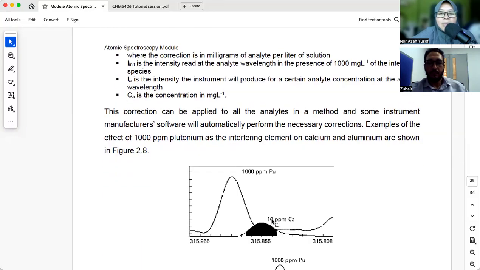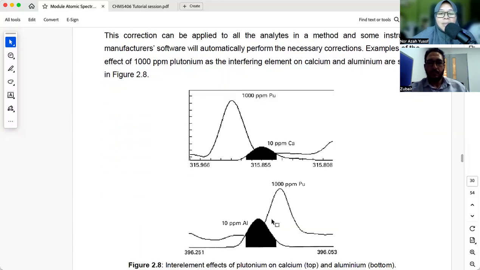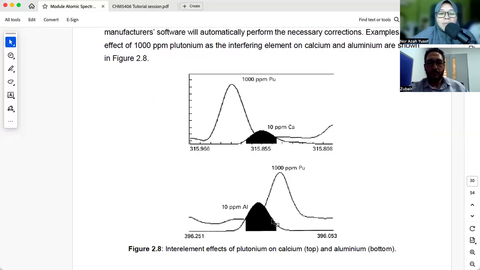You can see this is the interference effects of plutonium on calcium. Of course, we can imagine that the emission spectra of different elements might be overlapping. So this is an example, the spectrum for plutonium and spectrum for calcium.